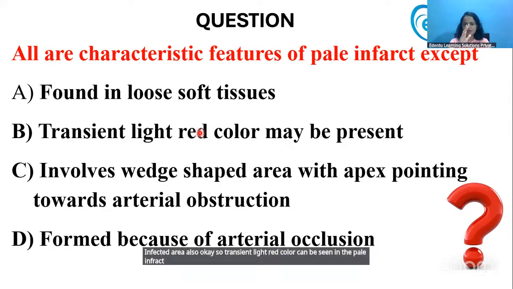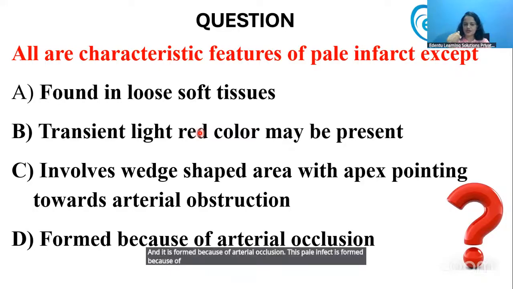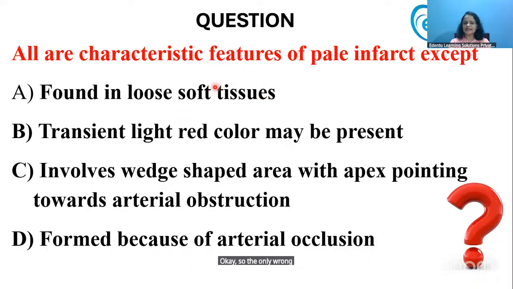And yes, we had already discussed wedge-shaped area will be seen with apex pointing towards the arterial obstruction. And it is formed because of arterial occlusion. This pale infarct is formed because of arterial occlusion also. So the only wrong statement here is it is found in loose soft tissues.